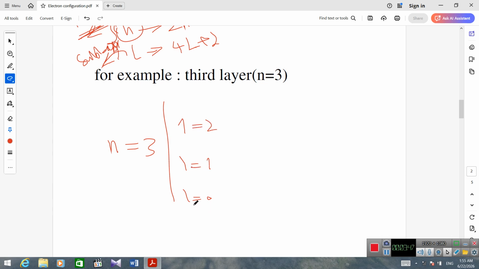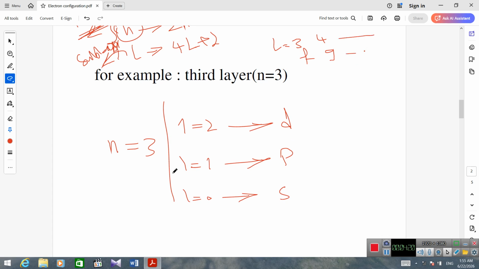When l is 0, the sublayer is called s. When l is 1, the sublayer is called p, and when l is 2, the sublayer is called d, and of course, if l is 3, the sublayer is f, and similarly g, and so on.